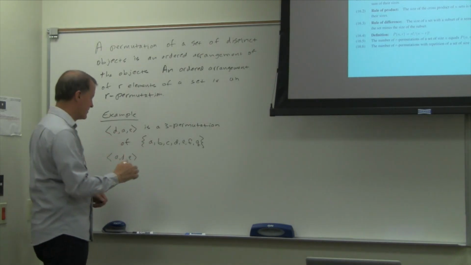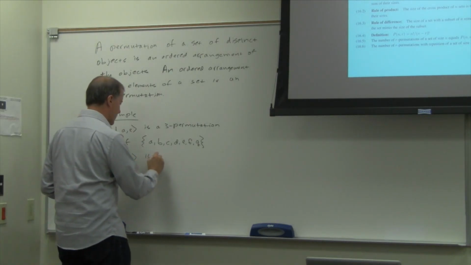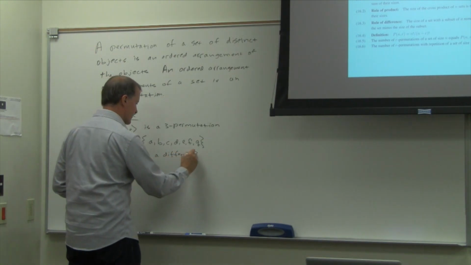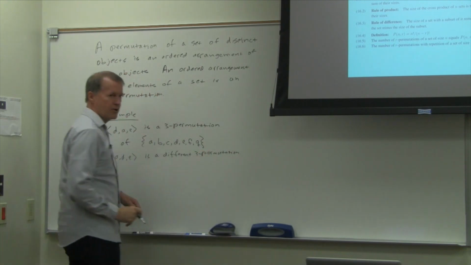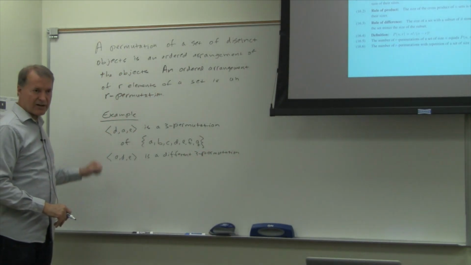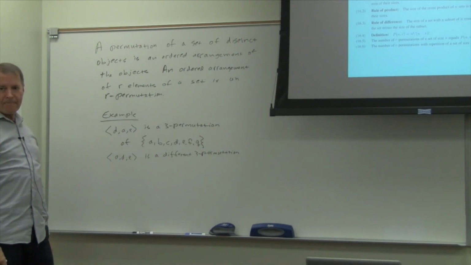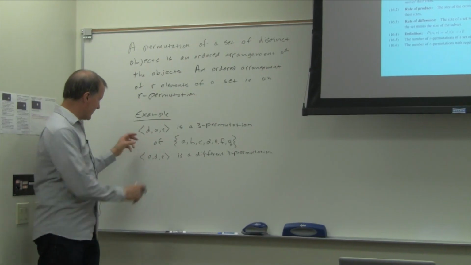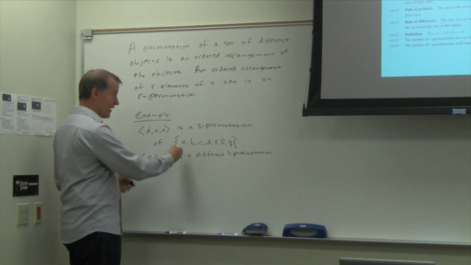Because the order counts. Are you with me? So this is a different one from this because the order counts, right? Okay, now here's the question. How many possible 3 permutations are there of this?